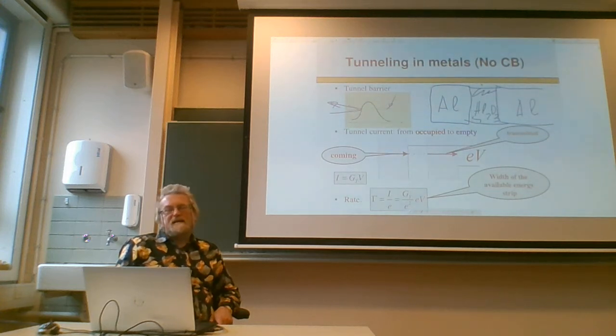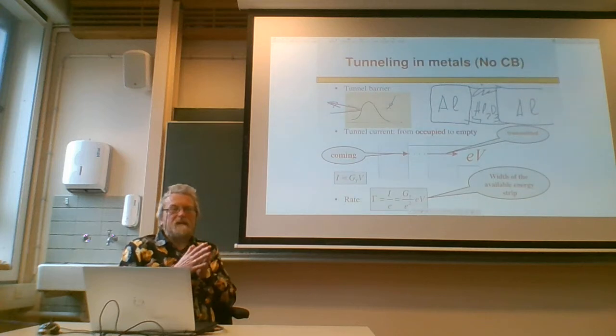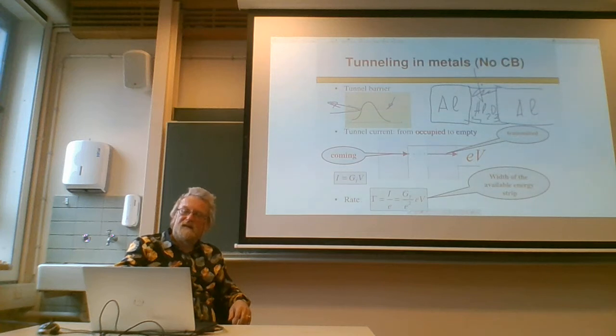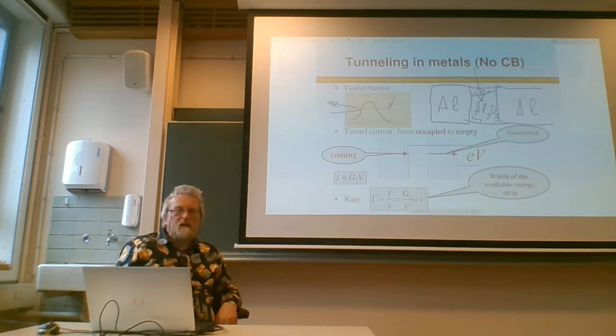Aluminum is a very nice material in this respect because the oxide on aluminum stops growing, unlike in most metals. So aluminum barriers are indeed very thin and very suitable for realization of practical tunnel junctions.